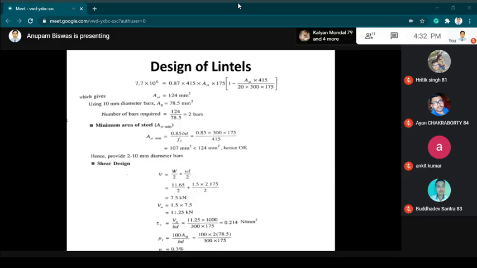From here V is obtained, and for factored shear force we have to multiply by the 1.5 factor, that is 1.5 into 7.5, 11.25 kilonewton. So tau V is equal to Vu by bd. From here the value of tau V is obtained.